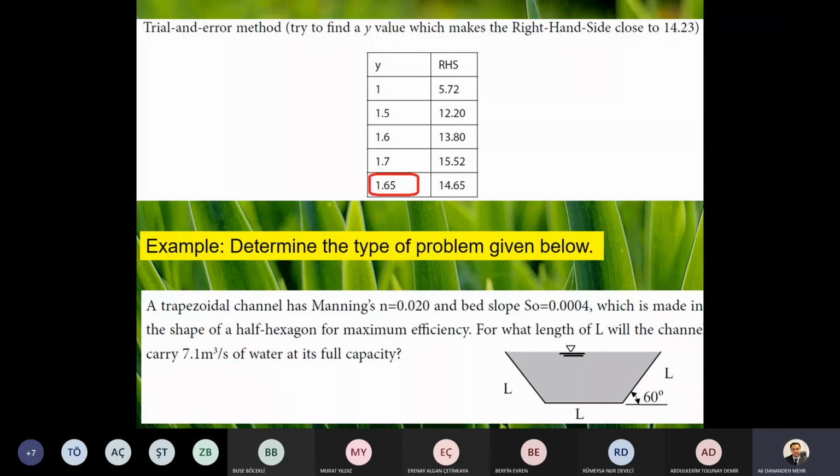So here there is another example. Determine the type of problem given below. Can you determine it? Look, a trapezoidal channel has Manning's n given, bed slope given, made in half hexagon, maximum efficiency.